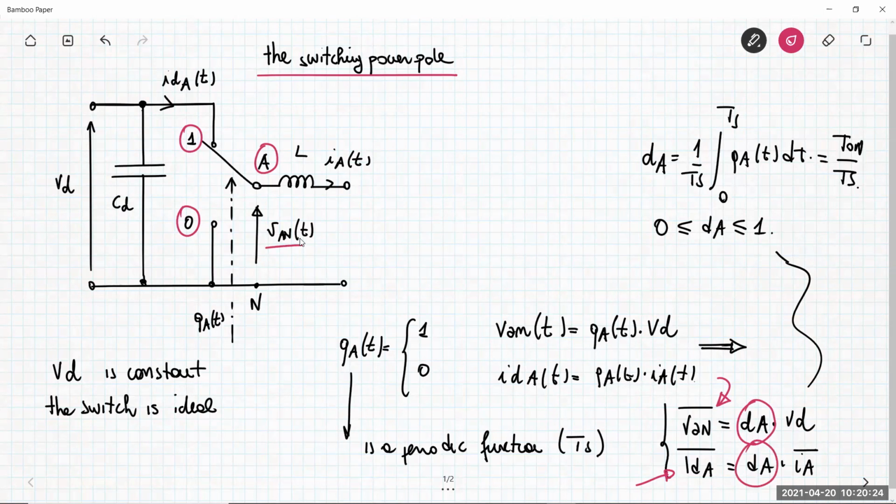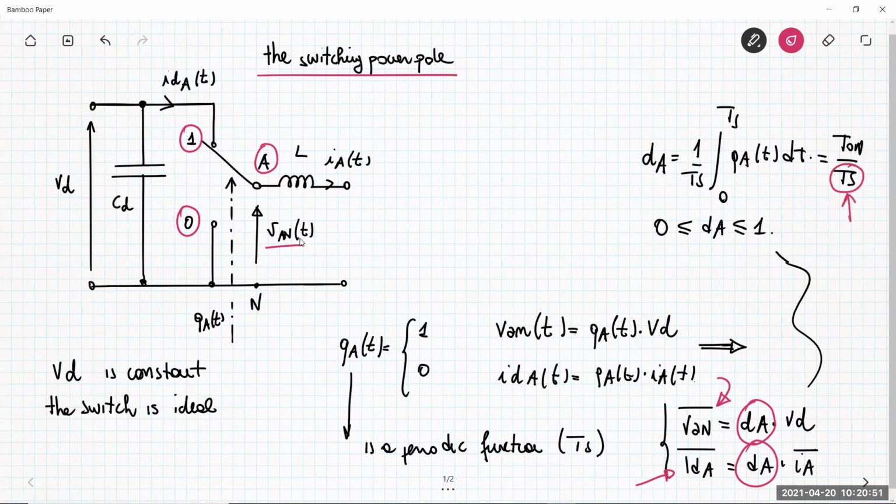So we found a tool by which we can modulate the voltage at the current port or the current at the voltage port simply by changing the duty cycle. This is not the only possibility, but most of the time the modulation is performed in this way.